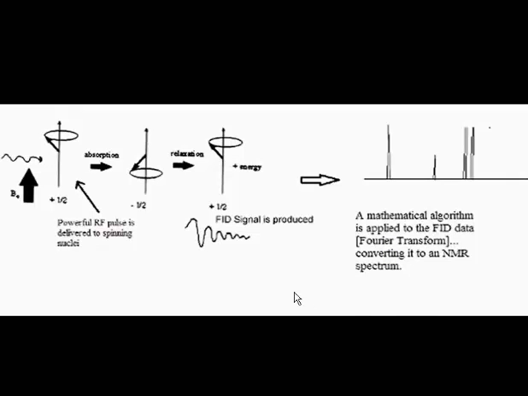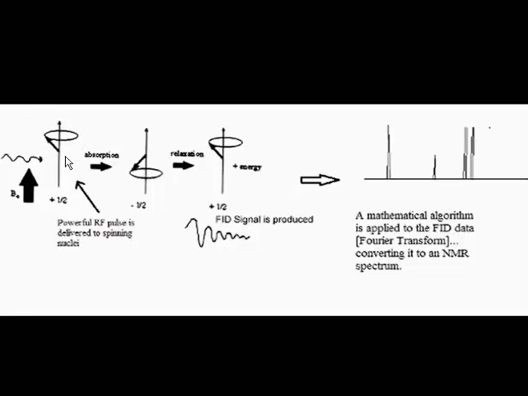Alright, let me explain how an NMR spectrum is actually created. The sample is placed in a powerful magnetic field. The nuclei of the atoms of the molecules precess about the magnetic field. Some are aligned with the field and some against the field.